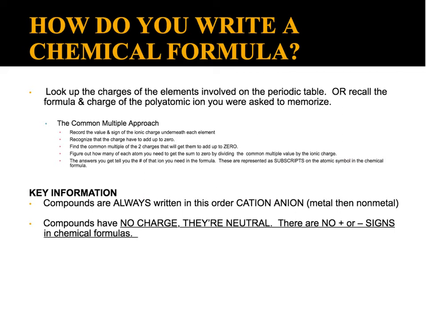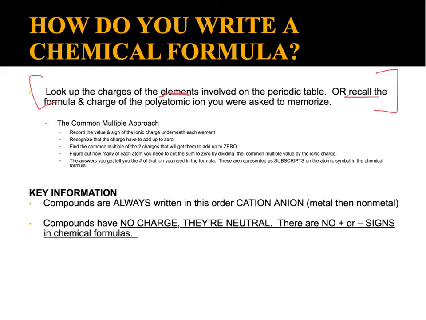Okay, so this slide is finally getting into the how-tos of writing a chemical formula. The first thing you're always going to want to do is look up the charges of the elements involved on the periodic table. I'll show you in class specifically where to find them, and you'll probably figure it out as I go through some examples.